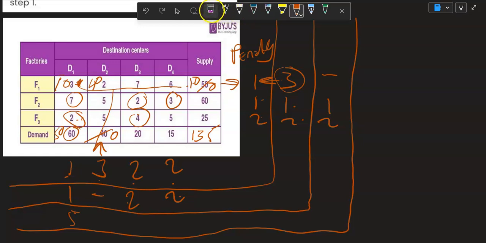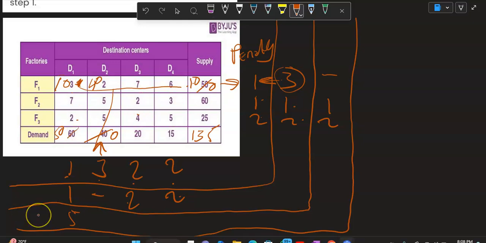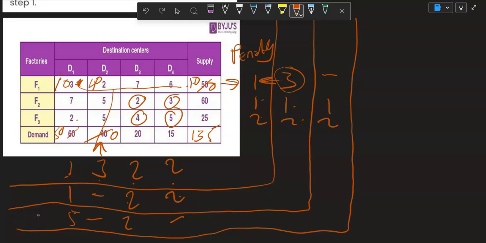Let me just clean up the board. Okay, so we skip this one. We go to D3. D3, the smallest is 2. The next smallest is 4. The difference is 2. In column 4, we have 3 and a 5 there. So the difference is 2.